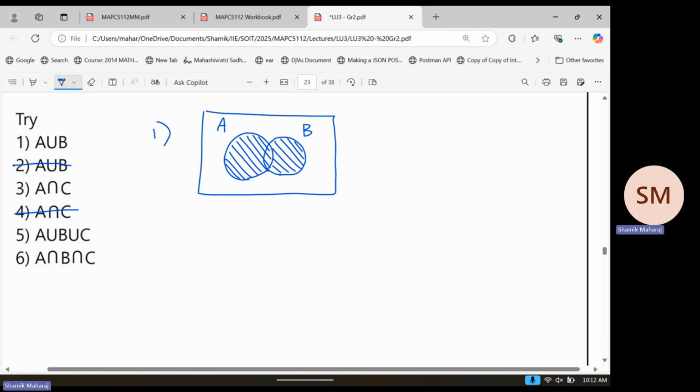Okay, number 3 is the same idea, except it's an intersection. And there's a different label there. The label is C. I'm just going to change that to B so that we're consistent. Again, it doesn't matter, right? It's just a label. So A intersect B is what we're looking at.